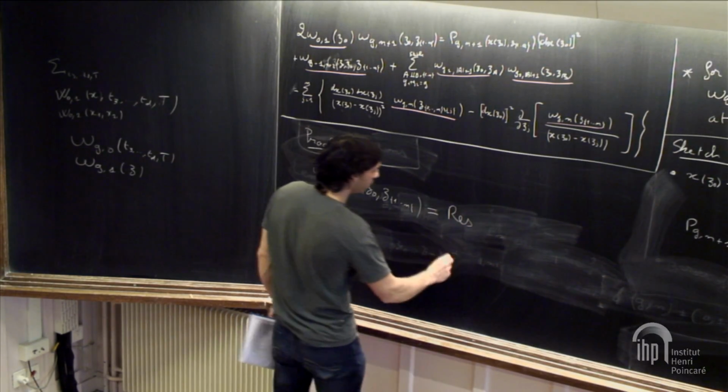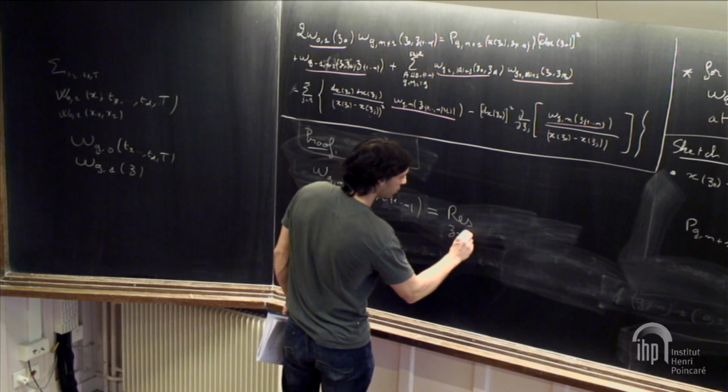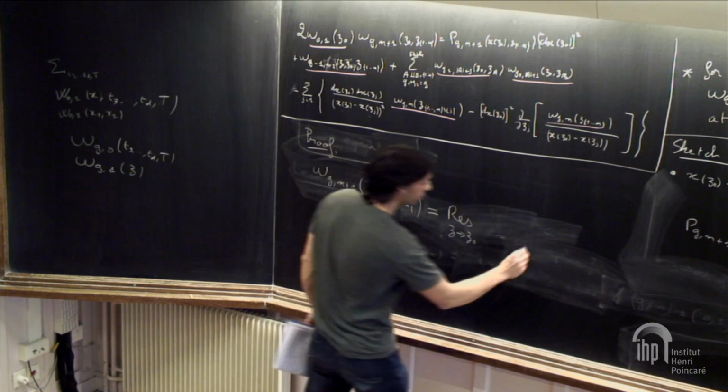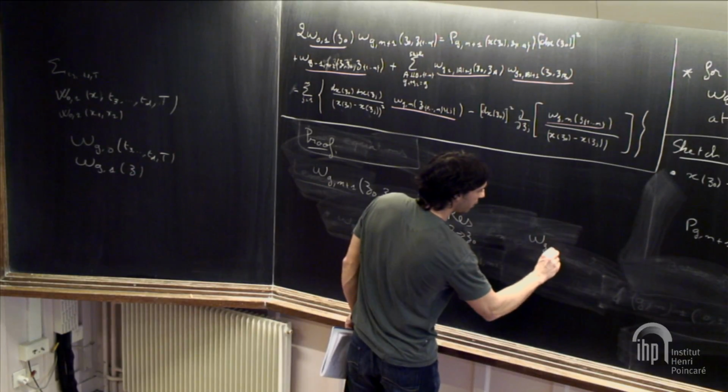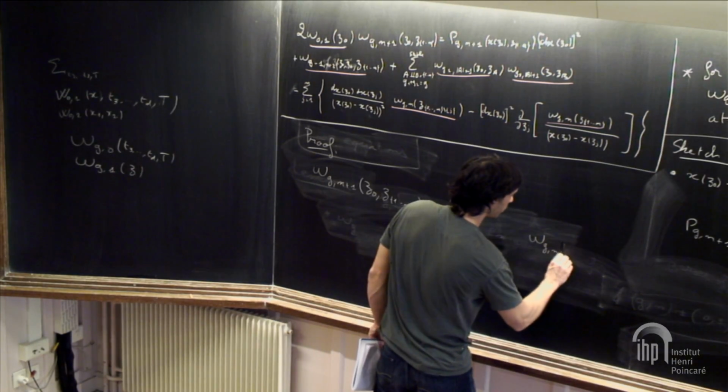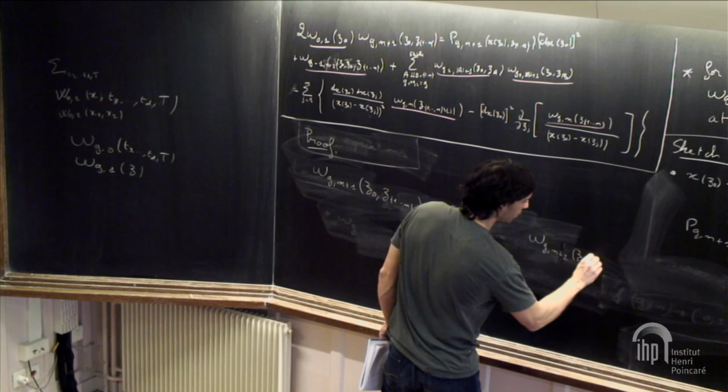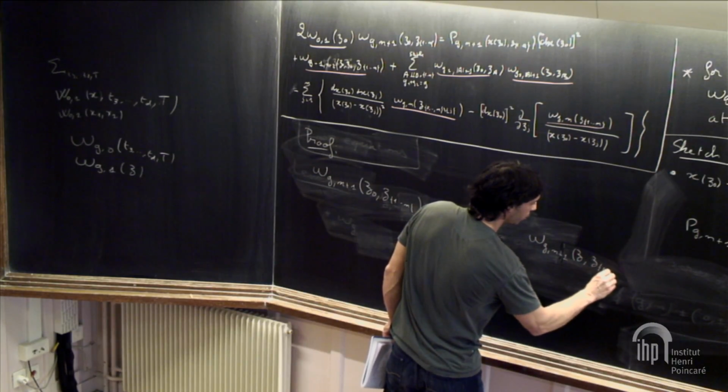I write it as the residue when z goes to z0 of omega g, n plus 1 of z, z1 to zn.